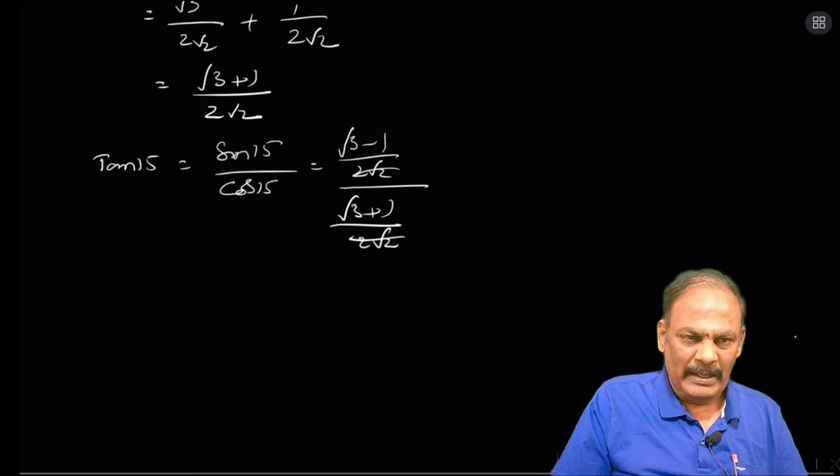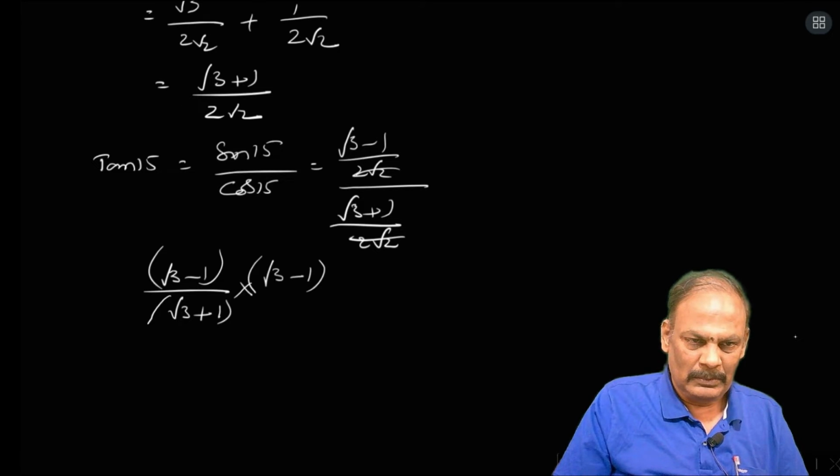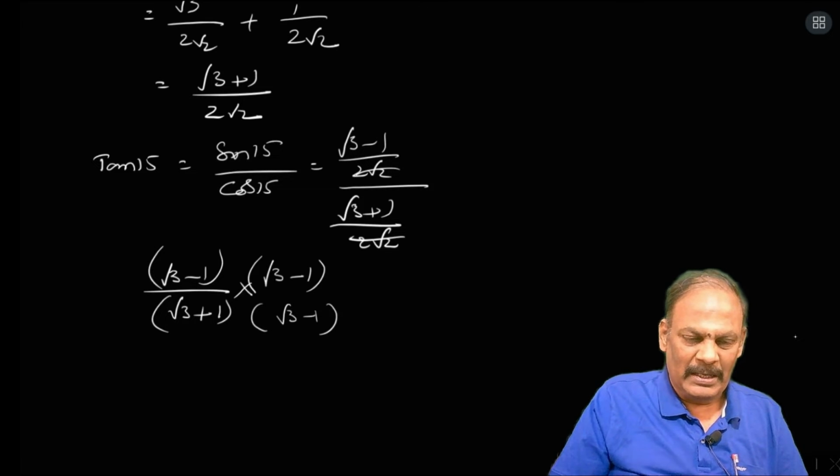Now root 3 minus 1 by root 3 plus 1, that too I am rationalizing this, root 3 minus 1 into root 3 minus 1. The numerator is in the form of a minus b into a minus b, that is root 3 minus 1 whole square.